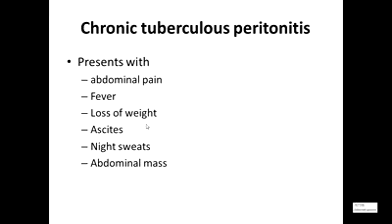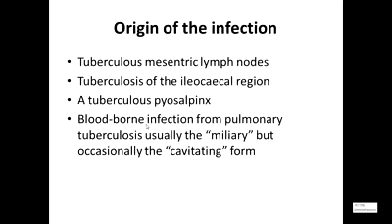Most of these symptoms are vague: abdominal pain, fever, mostly evening rise of temperature, loss of weight, loss of appetite, ascites, night sweats, abdominal mass. Origin of infection is from four sources: mesenteric lymph nodes, ileocecal tuberculosis, tuberculous salpingitis, and blood-borne infection from miliary tuberculosis.